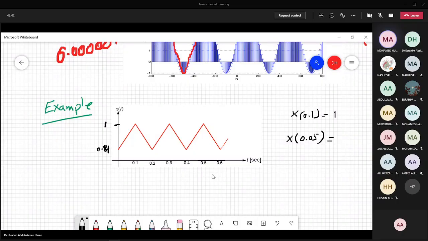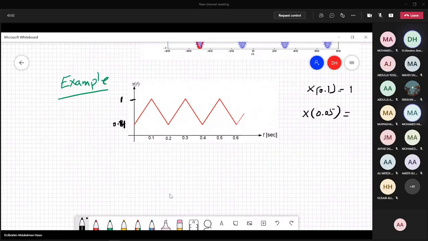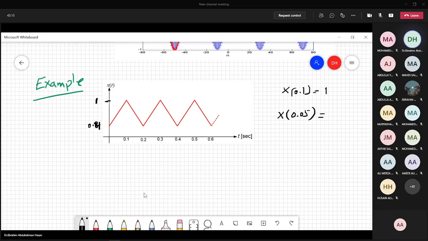We don't want approximate, we want exact. It can't be 1. 0.1 is equal to 1, and what is 0.05? It is very clear, yes, 0.7.